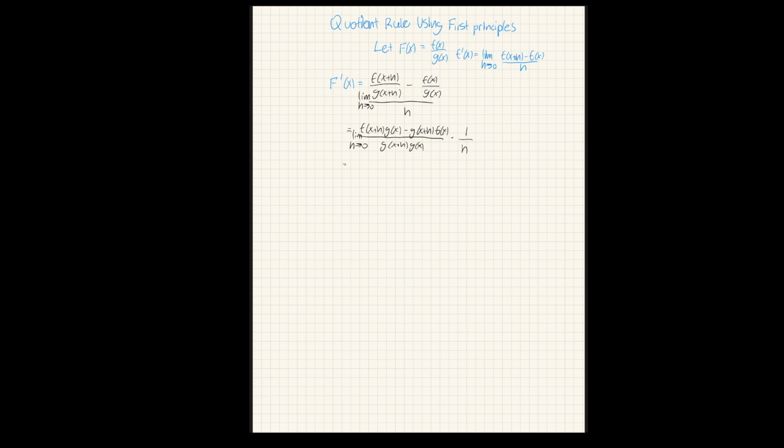As the limit h tends to 0, f(x+h) g(x) minus g(x+h) f(x), over h, and then using the properties of limits, we're going to do limit h tends to 0, and then switch the denominator, so it's 1 over g(x+h) g(x). Okay, so now that we've got to this step, we just continue using algebra.